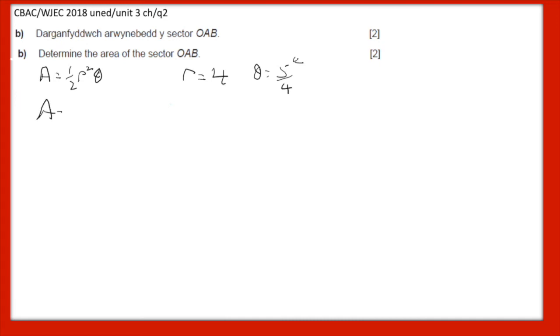So my area is quite happily going to be 1/2 multiplied by 4 squared multiplied by 5 over 4. Clearly 4 squared is 16, half of that is 8, 8 times 5 over 4 will give me 10. It doesn't really make any difference. I think I'd be tempted to do a little bit of cancellation: half of 4 is 2, and 2 times 5 gives me 10. So the area of that is 10 square units. Then I would put in centimetres squared.